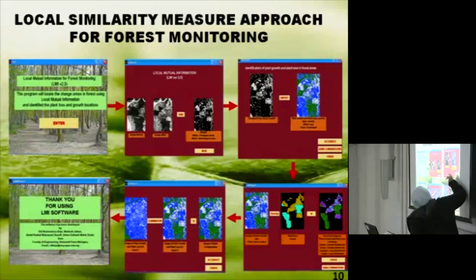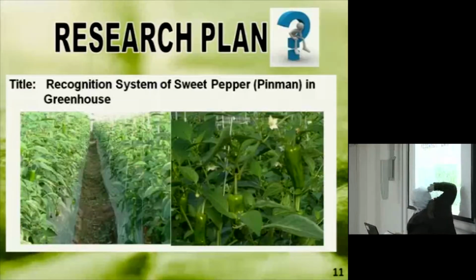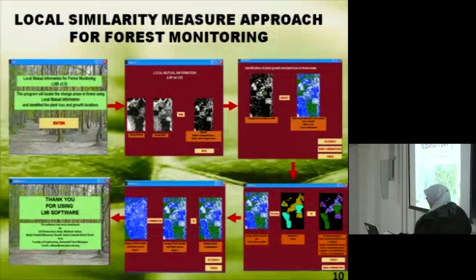For example, here we can see this is the area where the plant is growing. But this one is the area of plant loss.